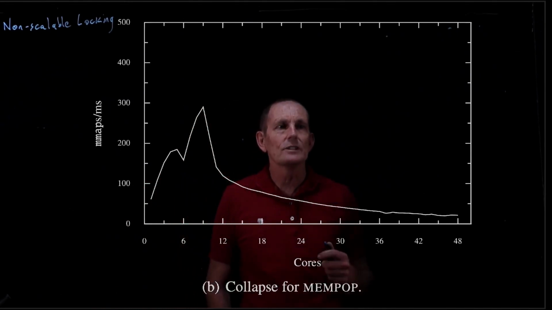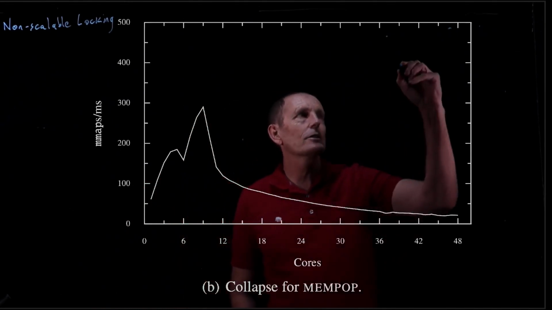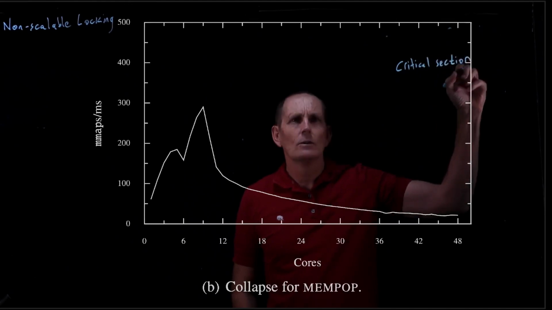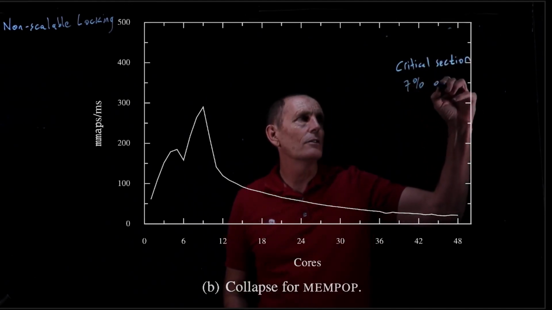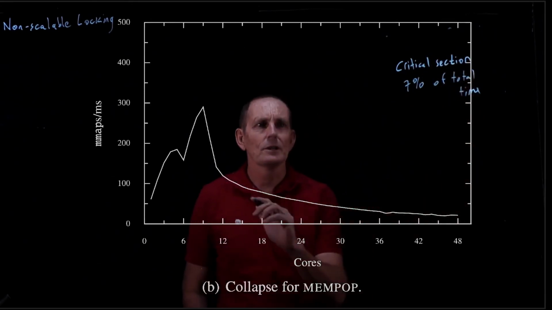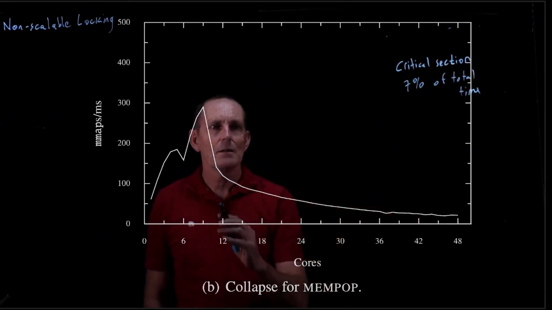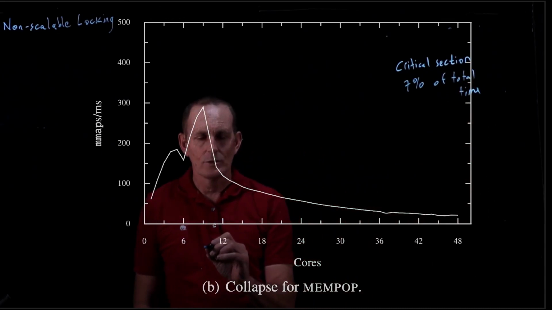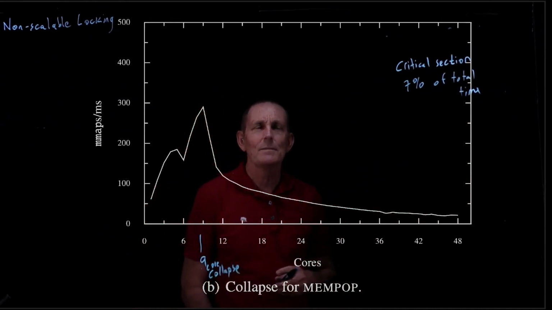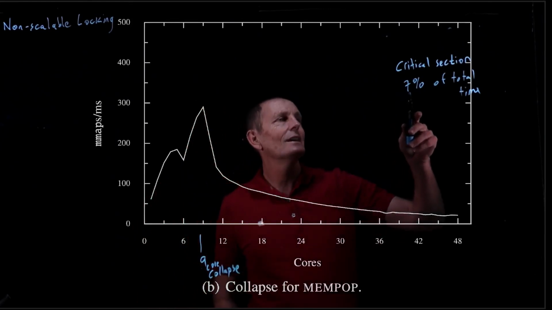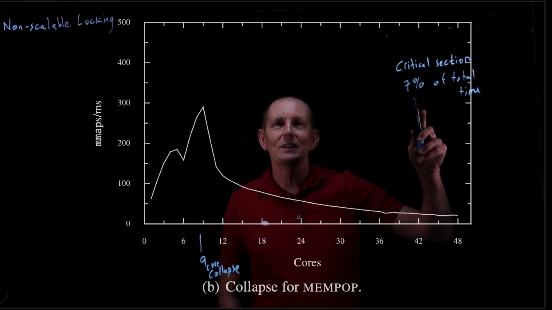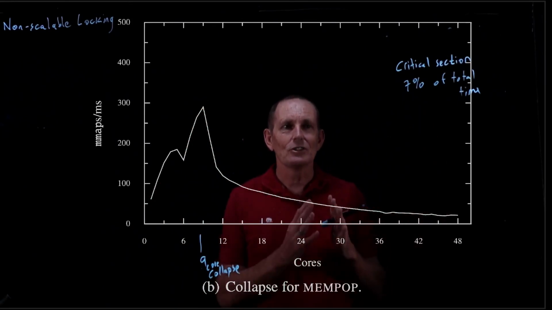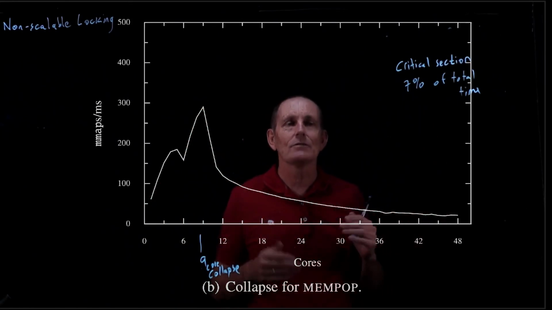One thing to note is that for this particular graph, the critical section was 7% of the total time. So we go here and we get a collapse at about 9 cores. Why 9? You'd expect maybe 14, right? Because 1 over 7% would be 14. So you expect you can't have a speedup past 14.